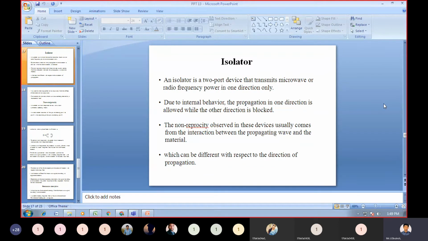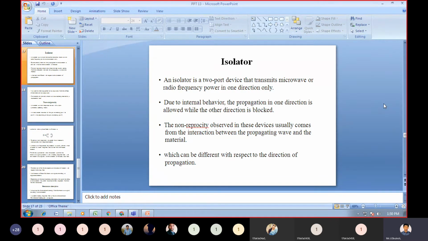Due to some internal behavior of the isolator, the propagation in one direction is allowed while the other direction is blocked.